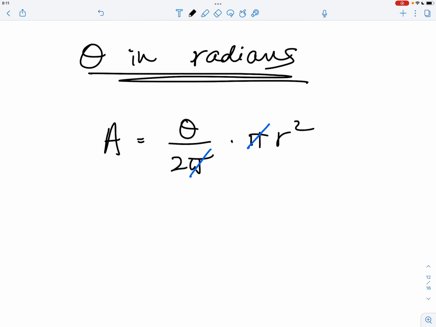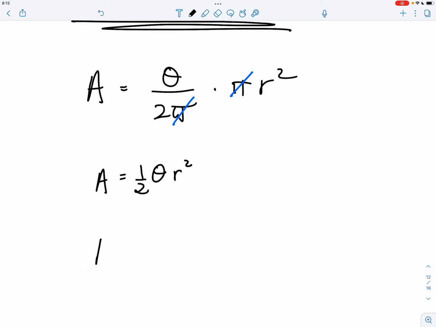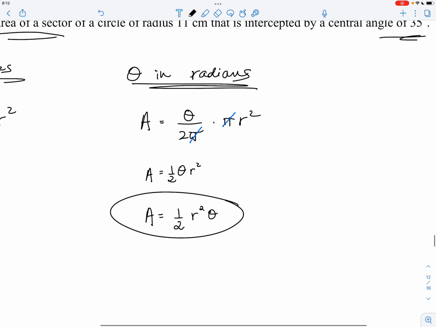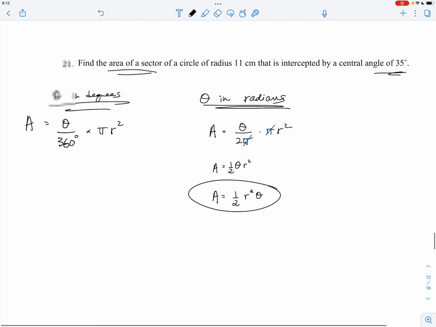That means the area of a sector is theta in radians times r squared all over 2. I think it looks nicer if we write it this way: 1/2 r squared theta. That's the equation I like to use if theta is in radians, 1/2 r squared theta.